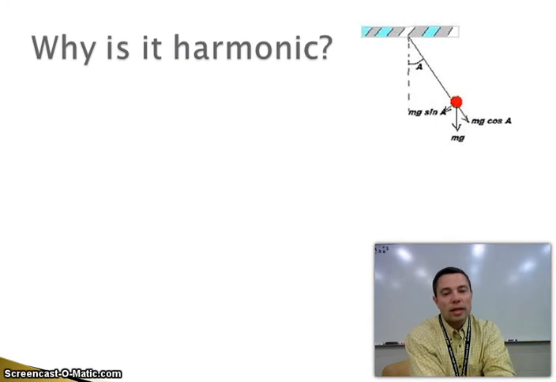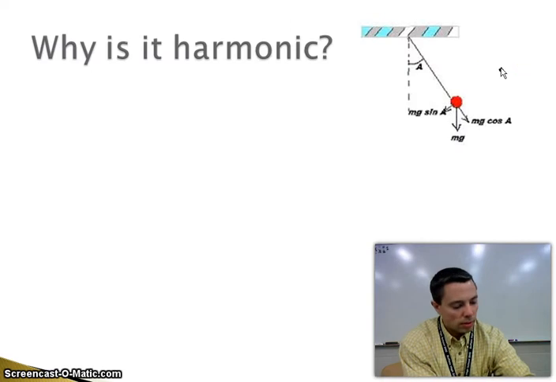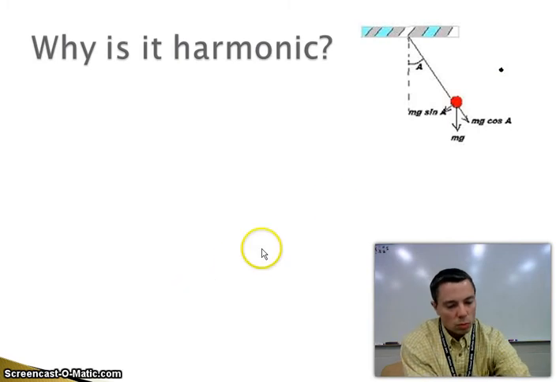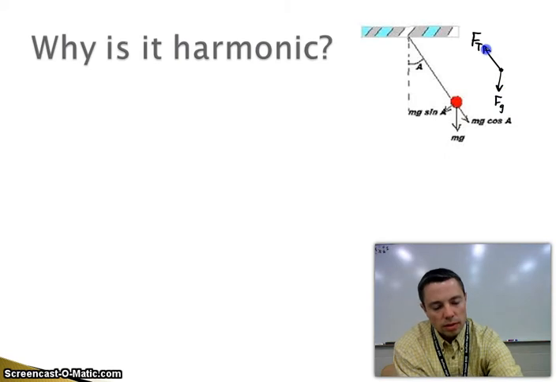And if we look at it, it's there because of the weight of the pendulum bob. So if I have my free body diagram, I've got my weight acting down, and I've got my tension acting this way.